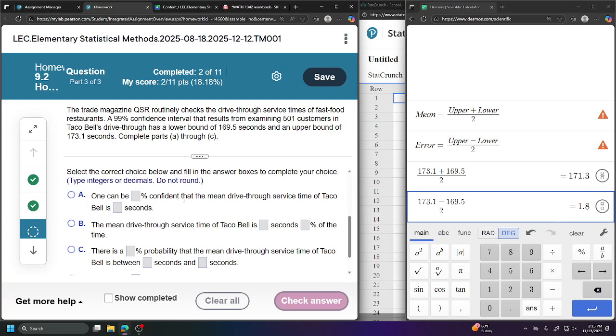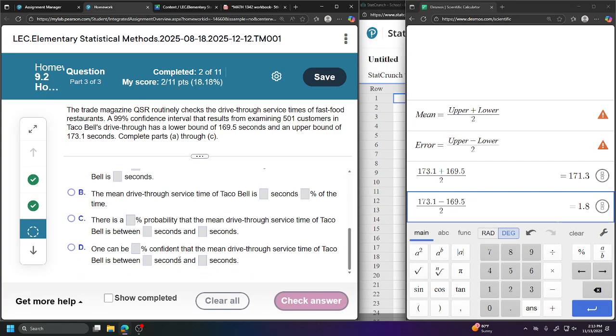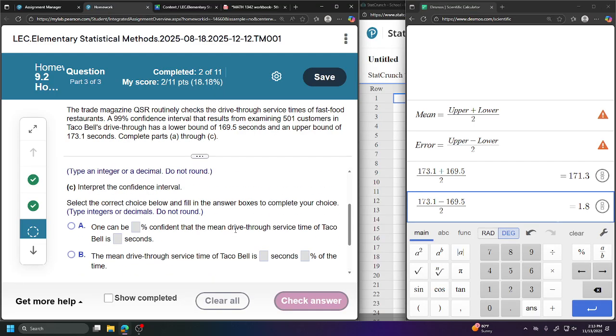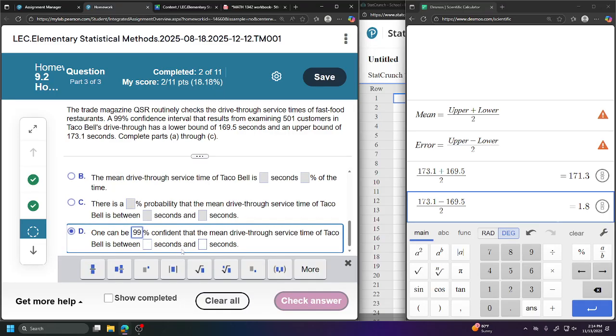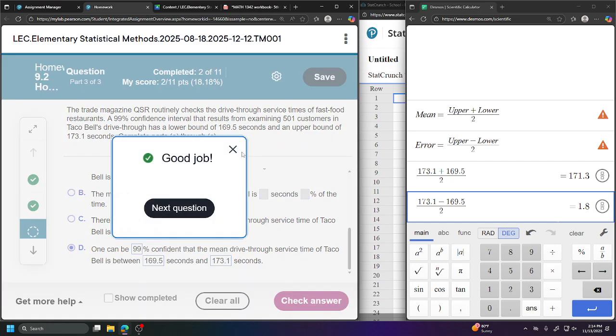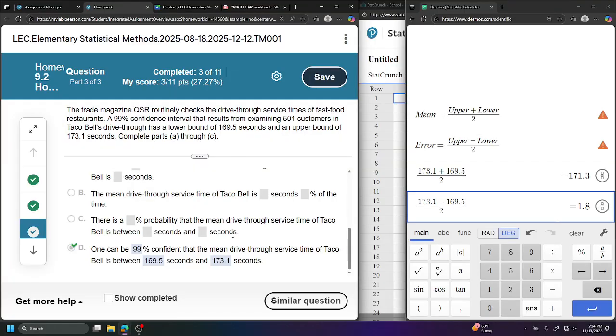That a mean drive-through time at Taco Bell is between, yes, between, and then the two numbers they gave you. 169.5. 173.1. There we go. So it looks scary at first, but honestly I didn't really do much math there.